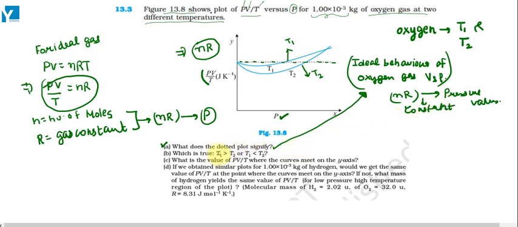Which is true, T1 greater than T2 or T1 less than T2. Now question पूछा गया है कि टेम्परेचर T1 बड़ा होगा T2 से या फिर T1 छोटा होगा T2 से.